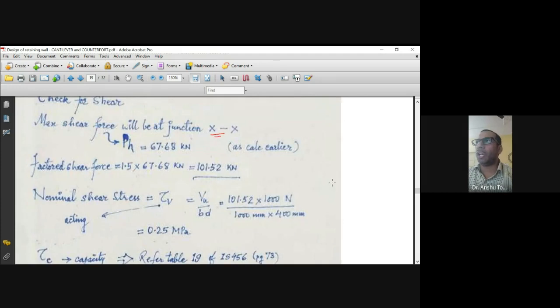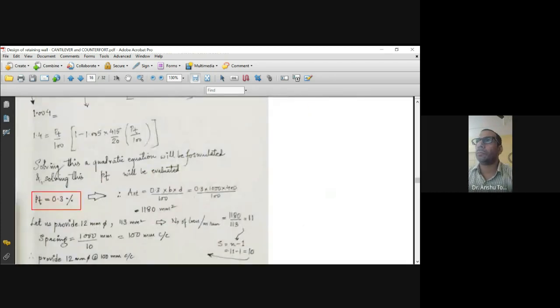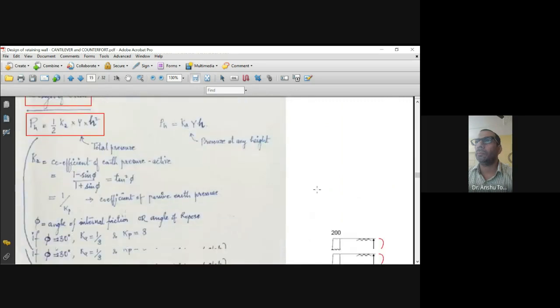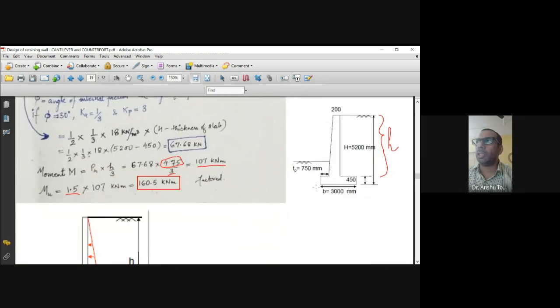It will be at a junction x6. pH as we have calculated earlier, we calculated pH in the starting. That is why it is written here, calculated earlier. In the starting we calculated it as gamma h squared. This is our pH value we have calculated earlier.